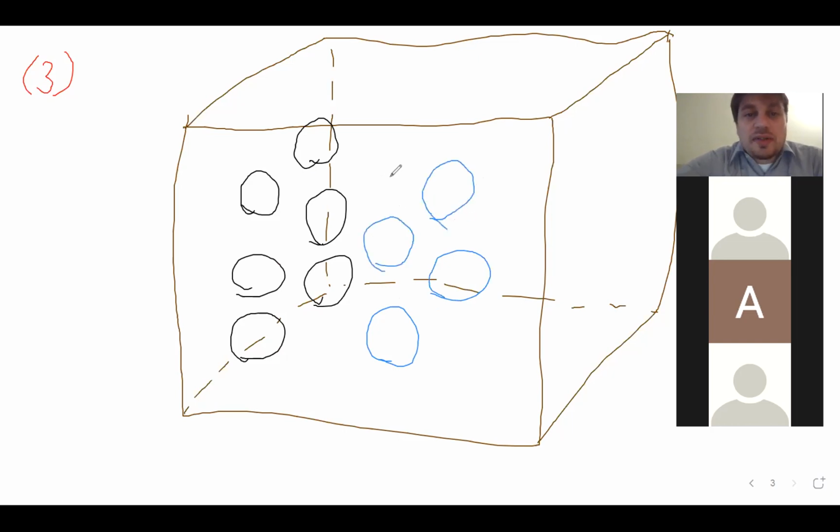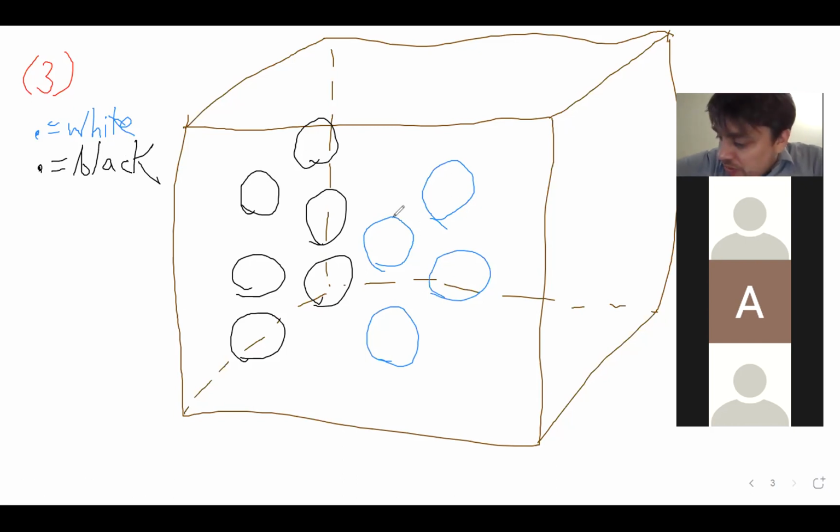So this is white. And then obviously black is black. Just so that I'm transparent here, this is representing white, and this is representing black. So the 6 black and 4 white.